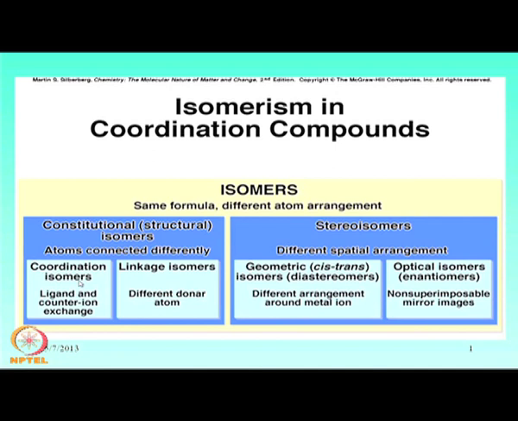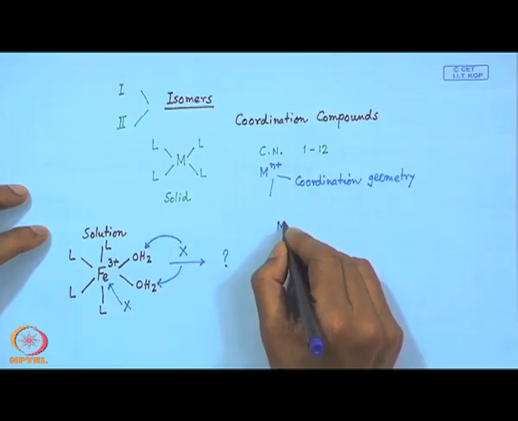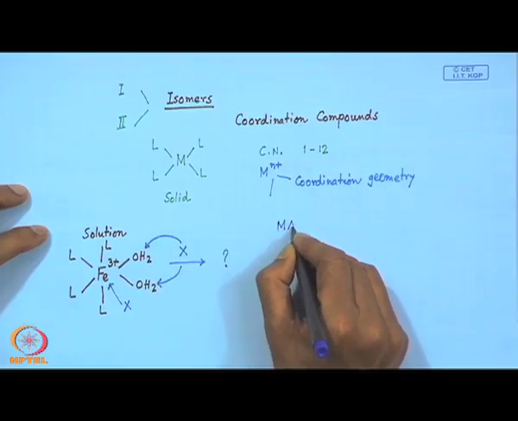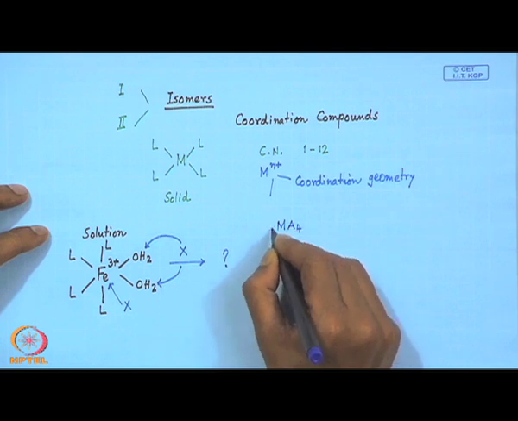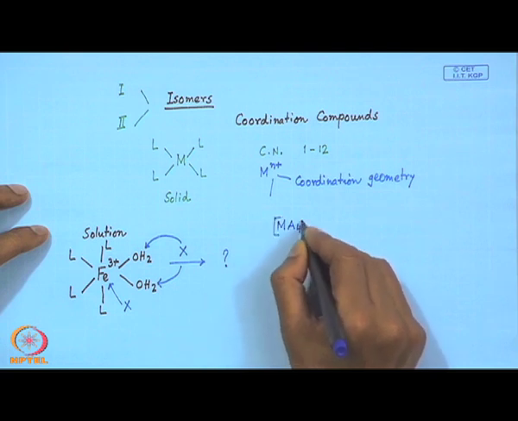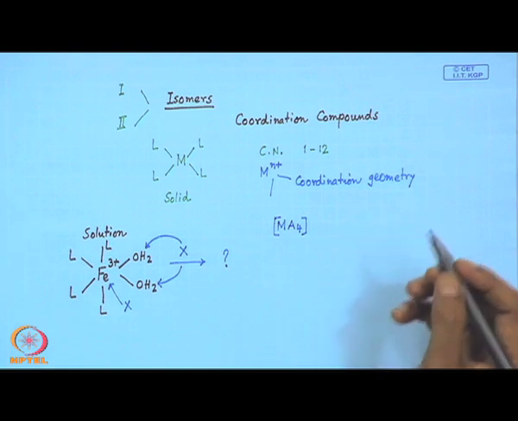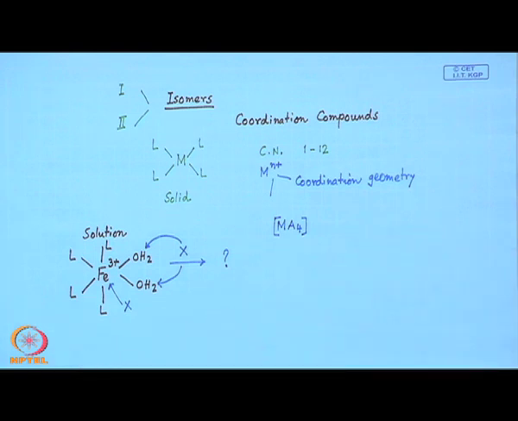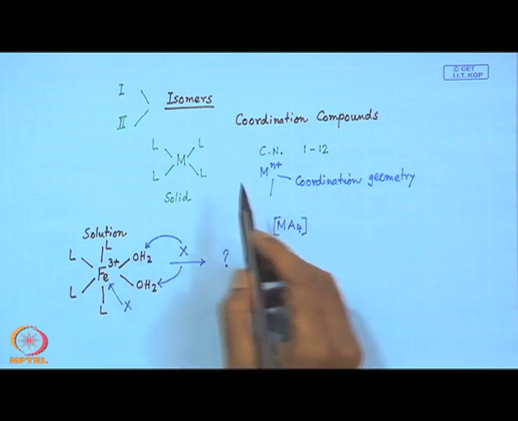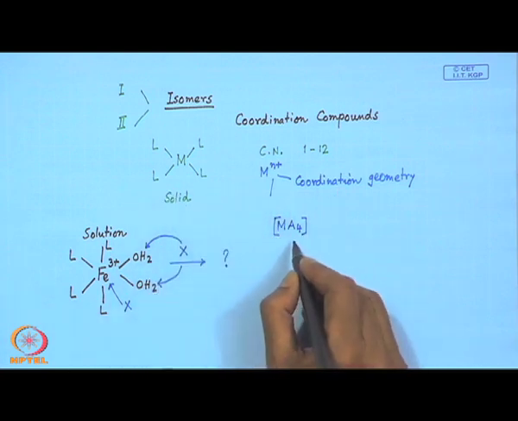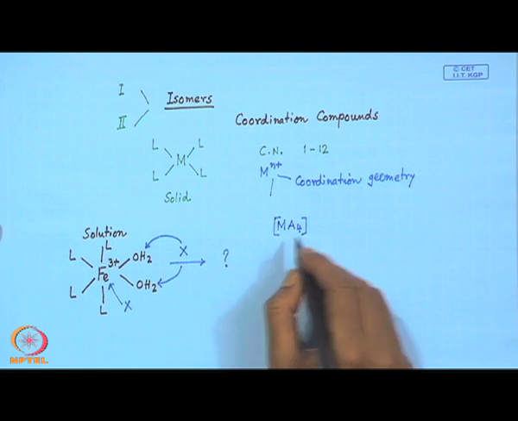So, if we have an MA4 species, that means all 4 ligands can be A instead of L, it can be a tetrahedral or a square planar geometry.